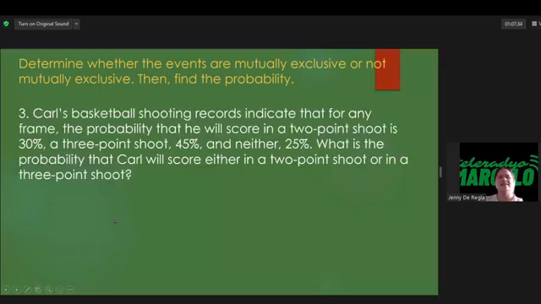Next, number 3. Carl's basketball shooting records indicate that for any game, the probability that he will score in a 2-point shot is 30%, a 3-point shot 45%, and neither 25%. So what is the probability that Carl will score either in a 2-point shot or in a 3-point shot? So what kind of event is this?